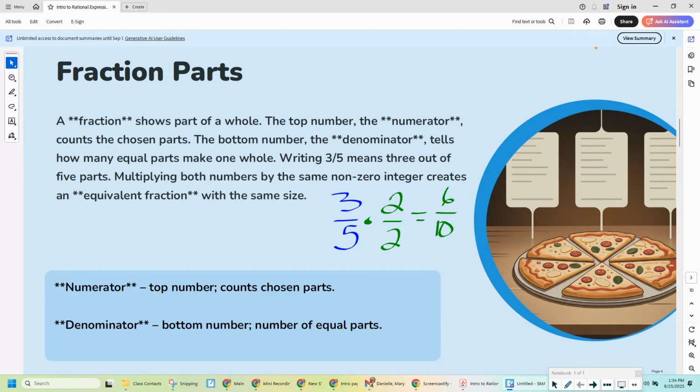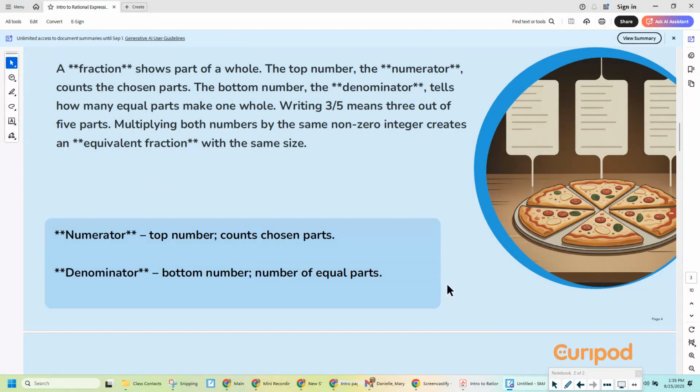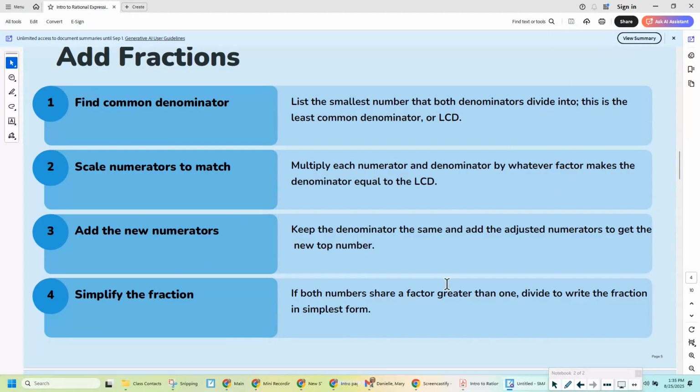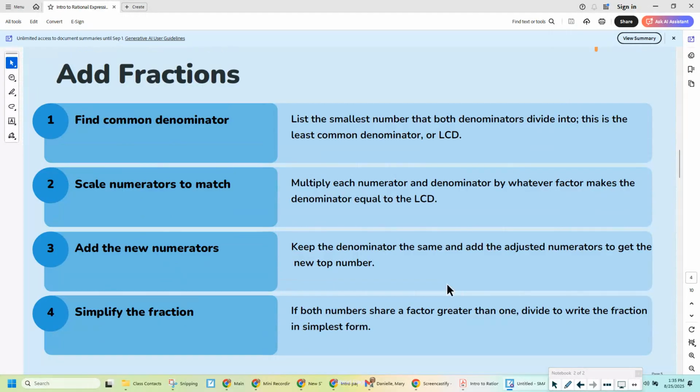All right, so adding fractions, multiplying fractions, dividing fractions, that's what we're going to talk about here. So let's just keep that in mind and move on to the rules. When we're adding fractions, you have to find a common denominator. So you're going to want to list the smallest number that both denominators divide into, and this is the least common denominator.